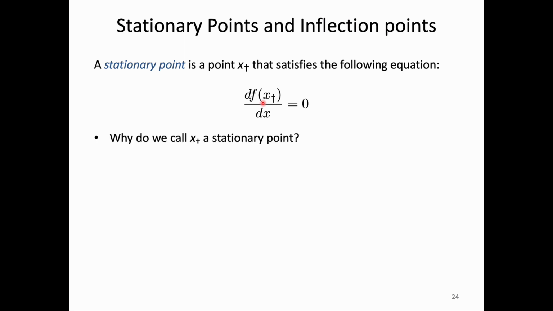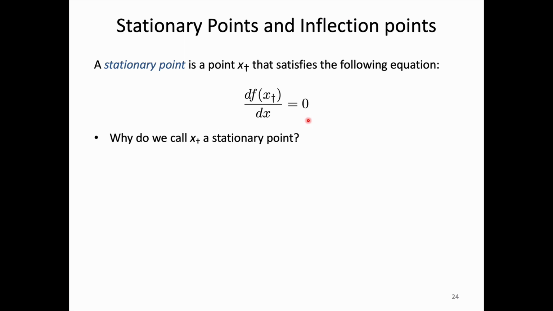So why do we call it a stationary point? Well, imagine a curve, a function of one variable, and think about any point where this might be true. And the way to think about that is if you have a tangent line at a point x, a line that's tangent to the curve of the function f. Whenever this is true, the slope is 0, the tangent line is going to be horizontal.